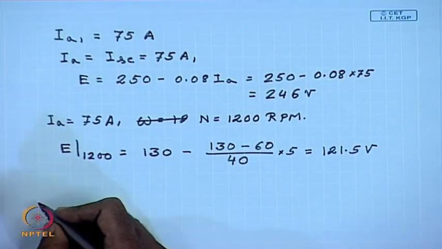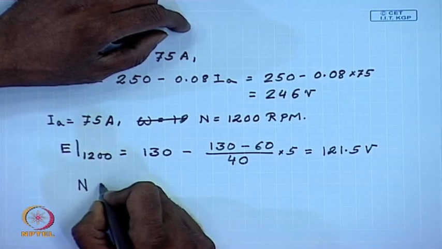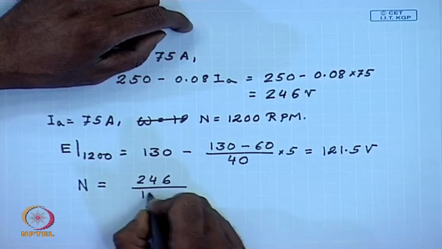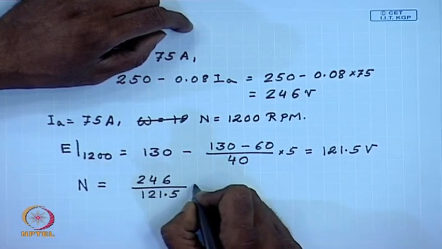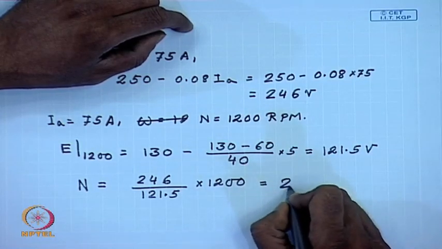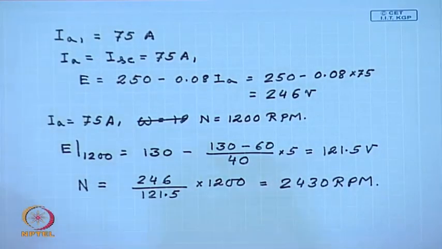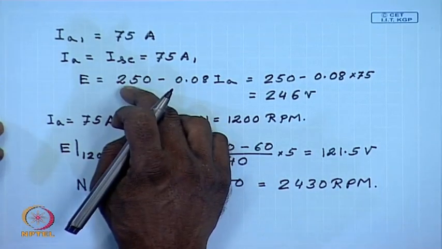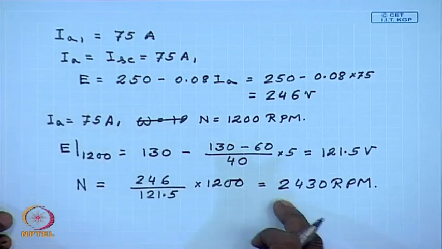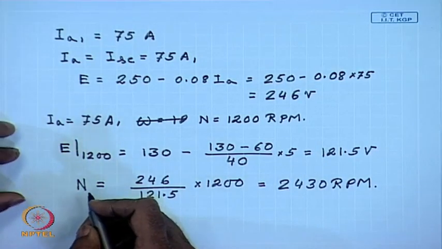So, in order to have a speed of 246, the n must be 246 by 121.5 into 1200. So, this comes to 2430 RPM. So, when connected to a 250 volt source and drawing a current of 75 ampere, the machine will run at 2430 RPM. What will be the torque?